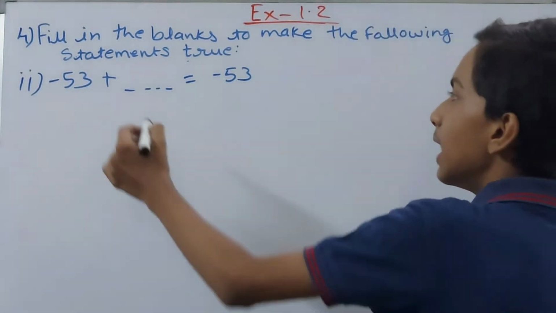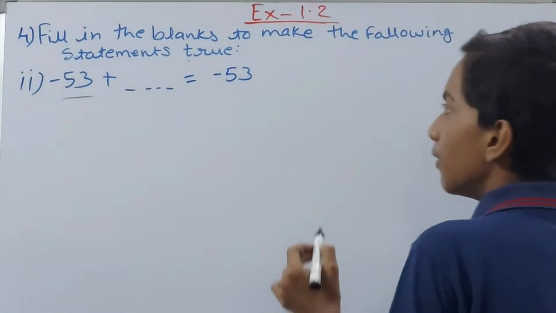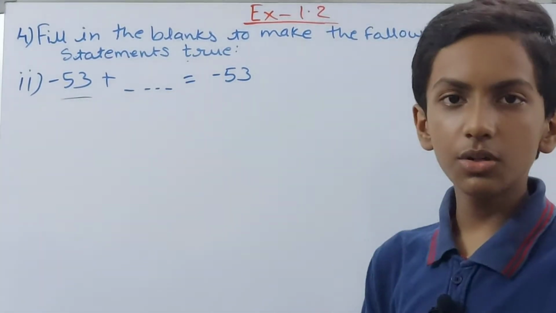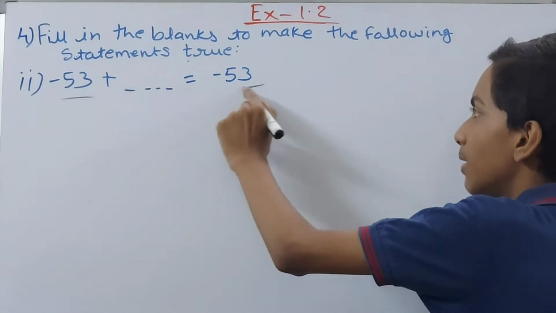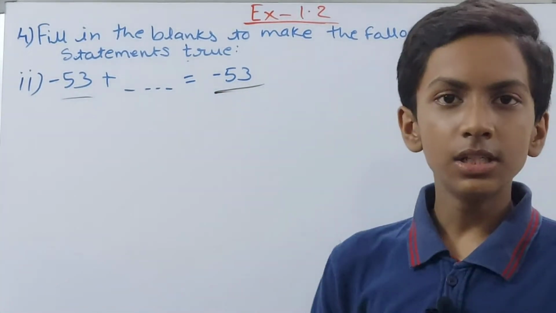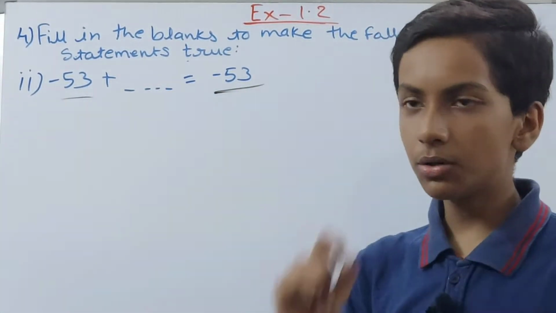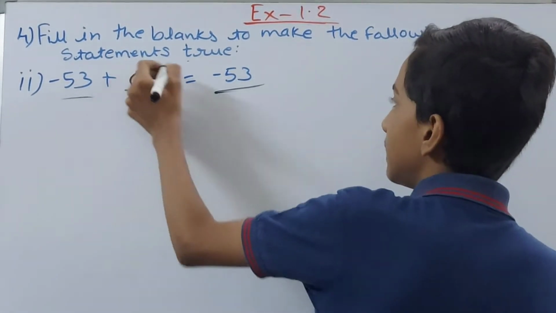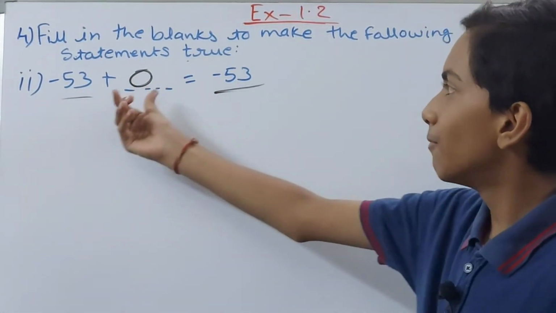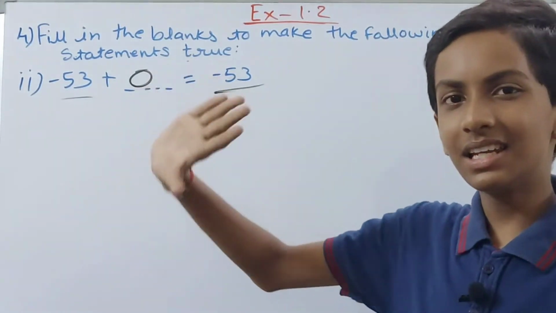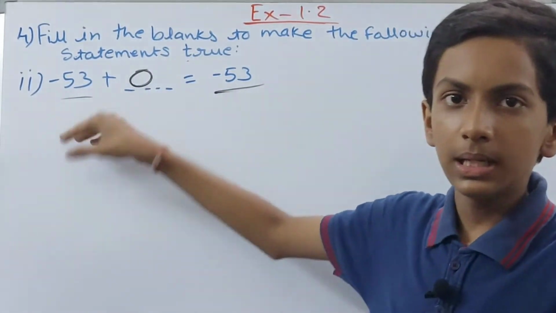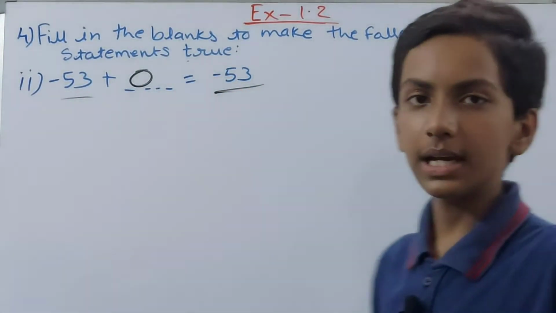Here you see minus 53 is there. Though it is not written that 0 is added, the answer always came out to be minus 53. So what is added in this? 0. So you add that 0. Basically we are adding nothing to minus 53, that gives us minus 53 as the answer.